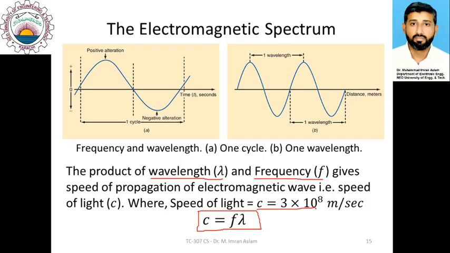So the electromagnetic wave satisfies this formula, that whenever we multiply the frequency and wavelength, we get a constant which is equal to the speed of light. So using this formula, C is equal to F lambda, we can calculate the wavelength or frequency of any wave. If frequency is given, you can calculate the wavelength, or vice versa.